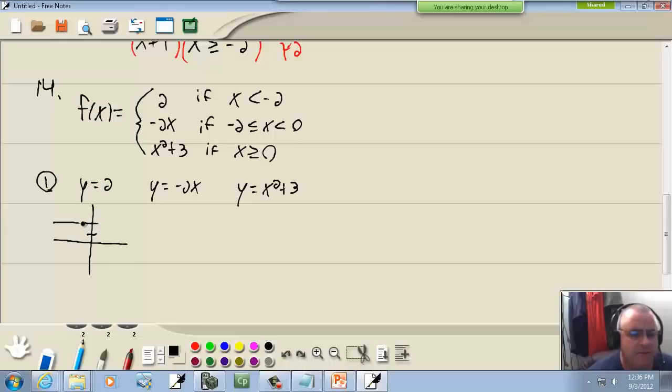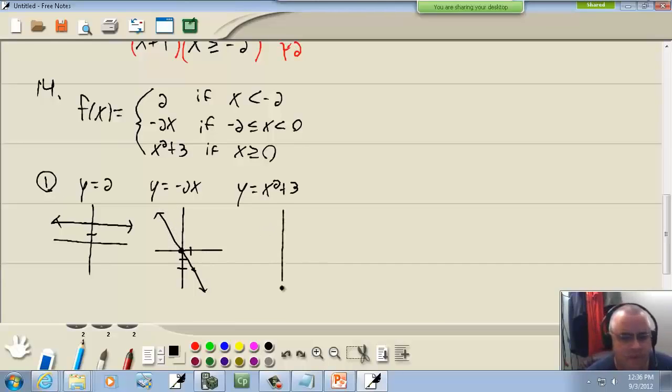Okay, y is equal to 2 looks like this. y is equal to negative 2x looks like this. And y is equal to x squared plus 3 looks like that. Okay, now let's apply our conditions.